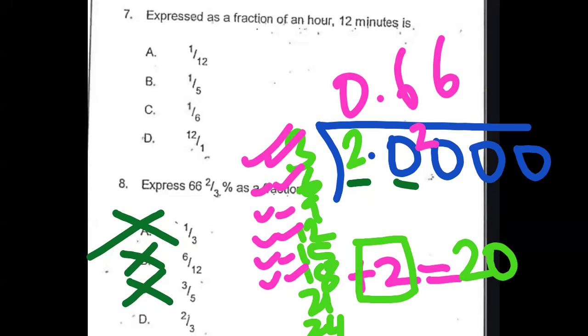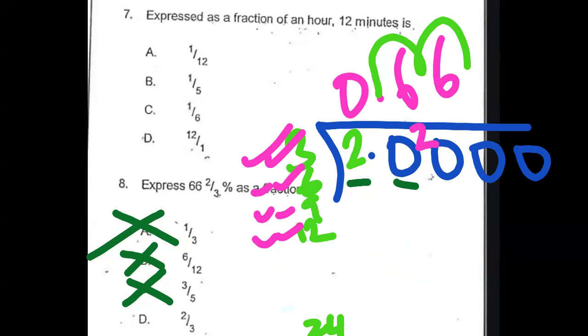So we're going to put that 2 over the 3. So if we jump 2 times here, we have 66%, and we also have 2/3. This has to be our answer, right? Definitely has to be this one, right? So yeah, that takes care of this one.